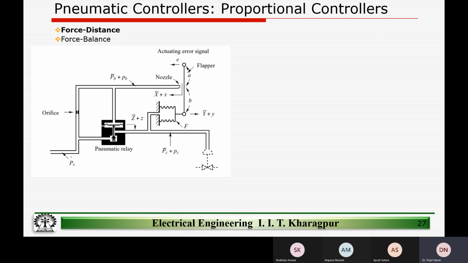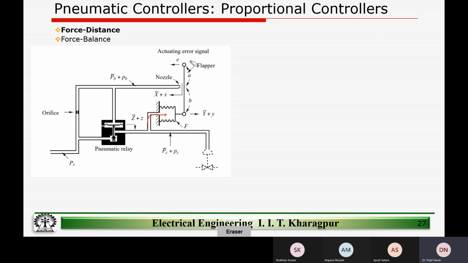This PS is my air supply. This is the control pressure, the pressure that I want to control. I have a sensor system realized by having this kind of structure, so this control pressure is sensed here.